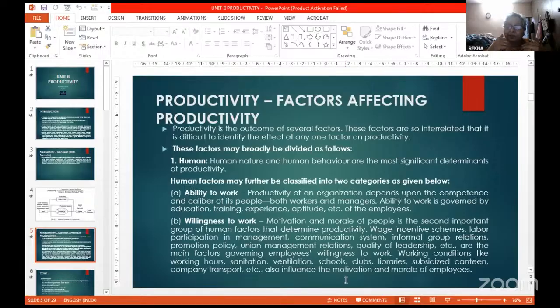So their ability, the knowledge has to be there, and also the willingness to use that knowledge. Okay, you are very educated and you know how to handle the machines, everything, but you are not willing, so won't that affect productivity? You are relaxing, you are not putting your whole mind and soul into your work. So it is both things, not only having the knowledge but the willingness to use that knowledge.